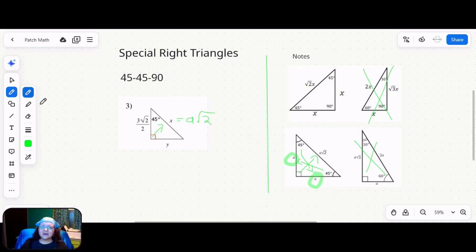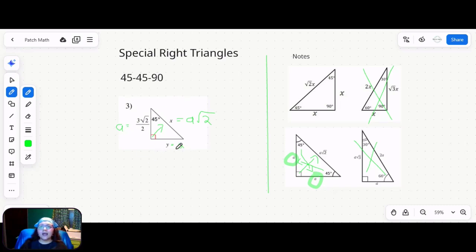If we were using x, then y would be x, and then x also means this, and it just gets complicated. So we know y is equal to a. But good news: in a 45-45-90 triangle, both legs are the same, so this is also equal to a.